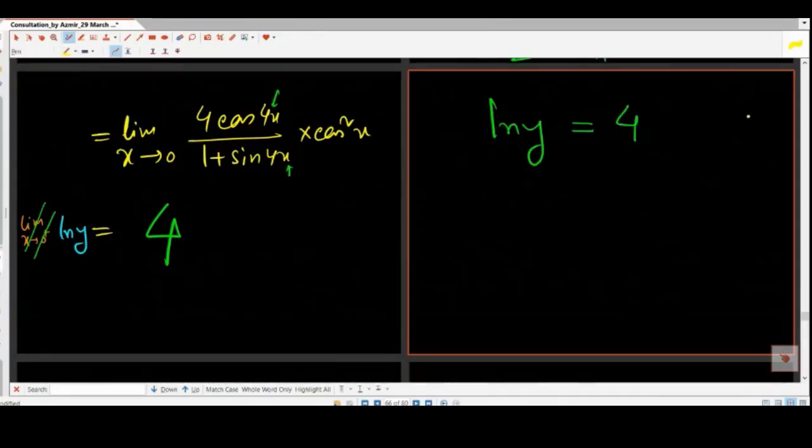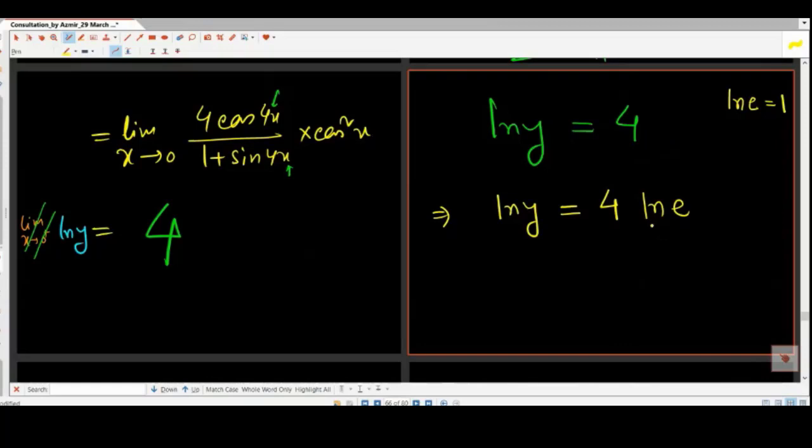So we know that natural log of e is 1. So in the next statement we can write natural log of y equals 4 times natural log of e. We can consider that with 4 we have 1. 4 times 1 is 4.